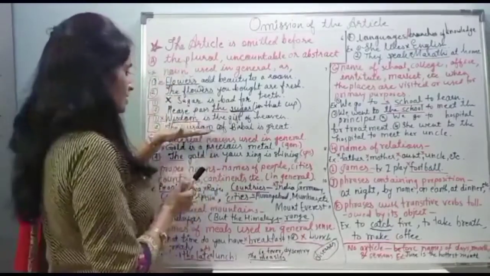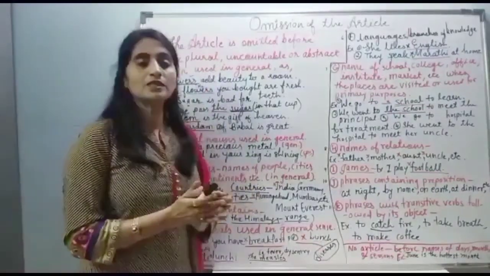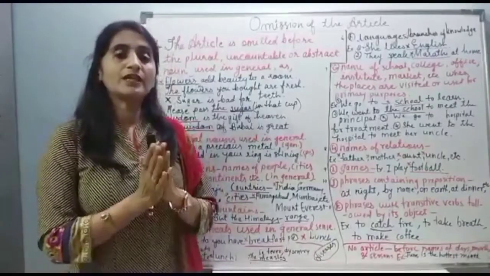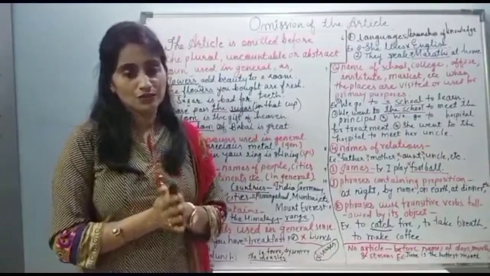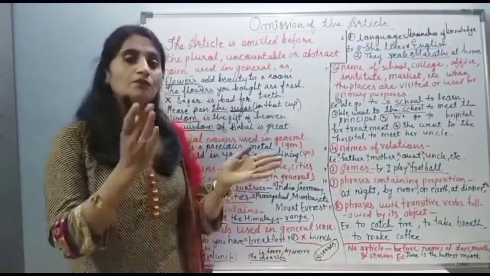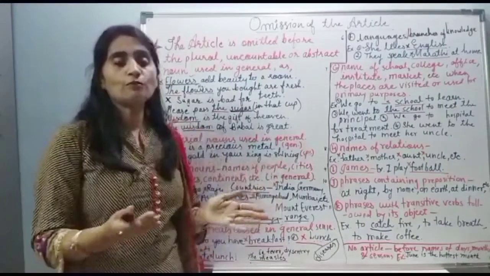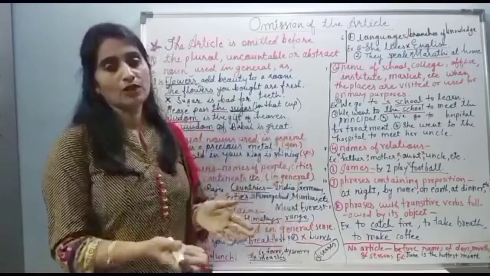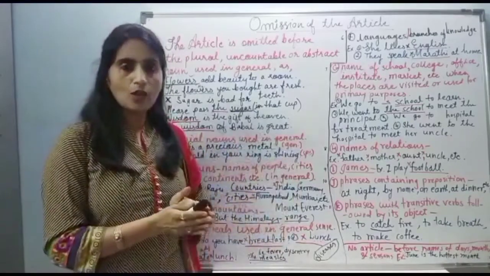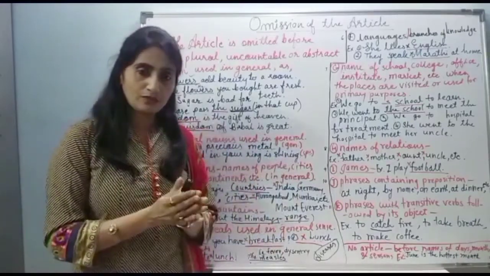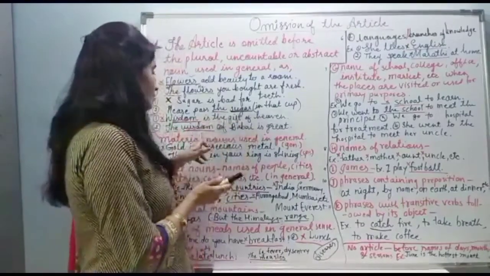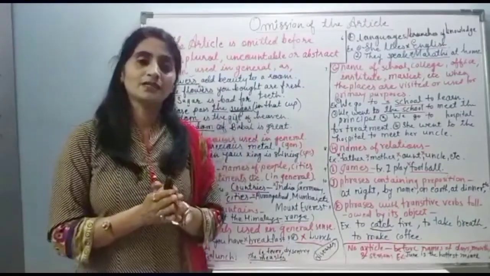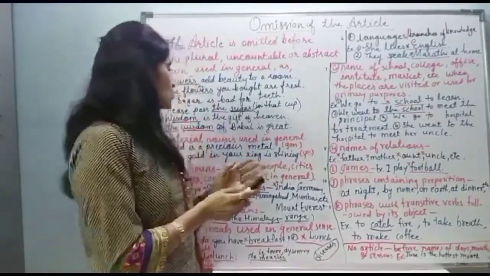So from these examples, we can understand that if a noun is used in general sense, before that we should not make use of any article. But if the same noun is used specifically or it is particular, then that time we should make use of the article the.